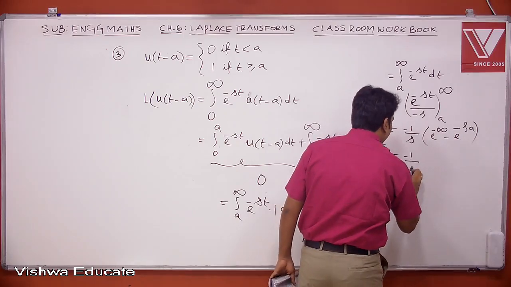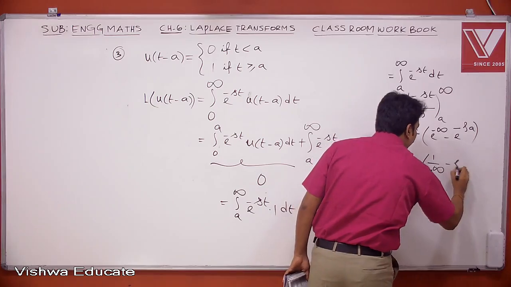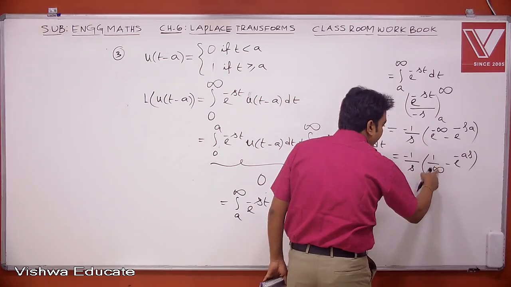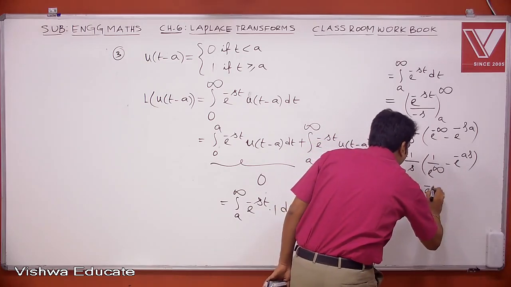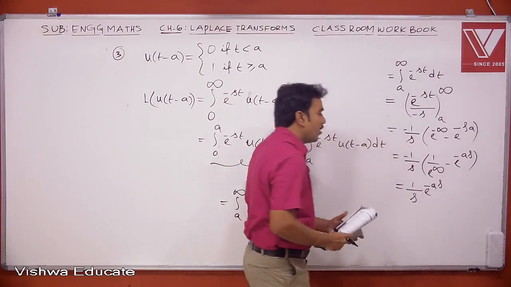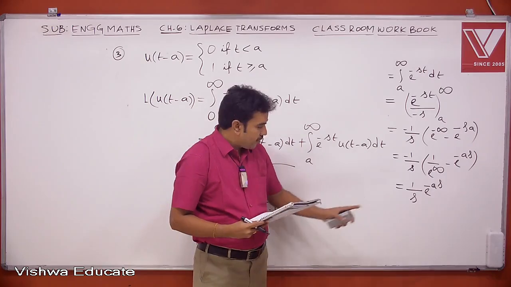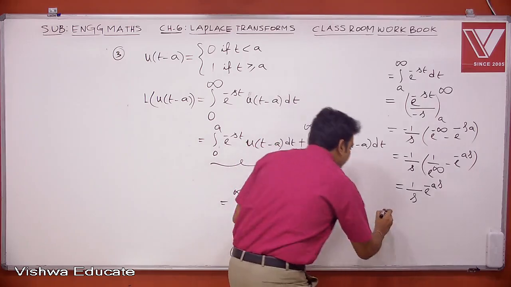So this is minus 1 by s into e power minus infinity, which is 1 by e power infinity, minus e power minus as. 1 by infinity is 0. Therefore the final Laplace transform becomes 1 by s into e power minus as. Therefore the option is 1 by s into e power minus as. Option B is the right answer.